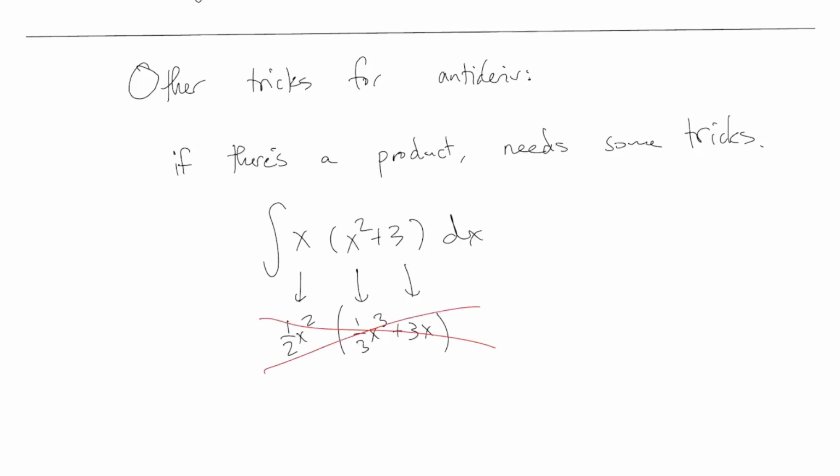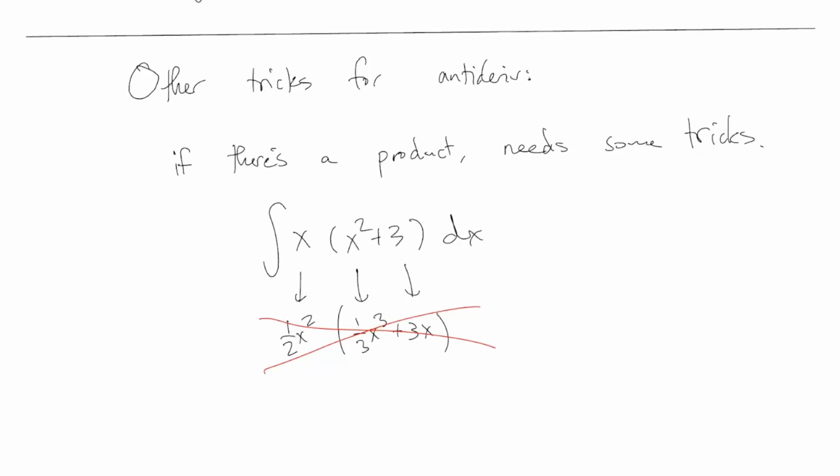Because of multiplication, there are special tricks that are required. Just like when you're doing the derivative, if there's multiplication, you need to do the product rule. You can't just take the derivative of each part. So do not just do the integral of each part separately.